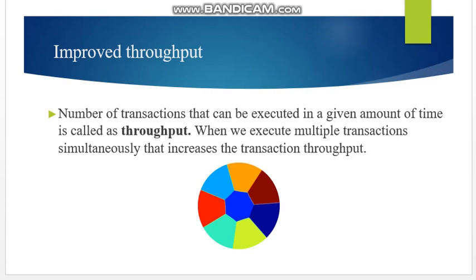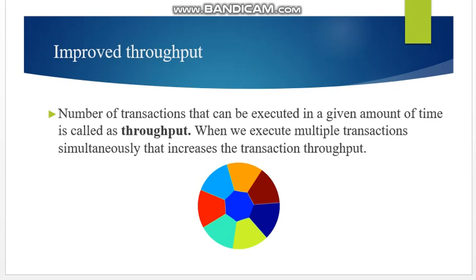The number of transactions that can be executed in a given amount of time is called throughput. How many transactions you are executing at that particular time is nothing but throughput. When we execute multiple transactions simultaneously, that increases the transaction throughput. For example, consider one CPU executing one transaction.